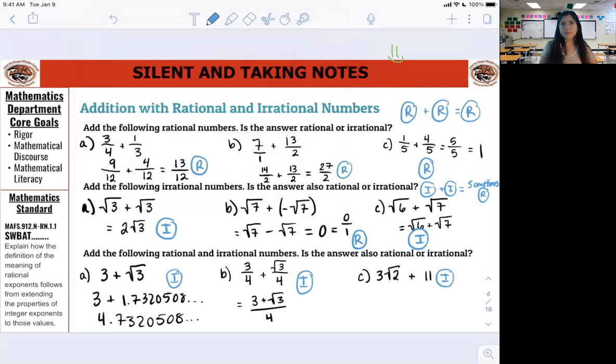Well, it's kind of hard to say because there's not really a rule for adding positives and negatives, because that depends on the scenario. So it's not quite the same thing. But this actually, oh wait, sorry, I mixed this up. When you mix them up, rational plus irrational, it's always going to stay irrational.